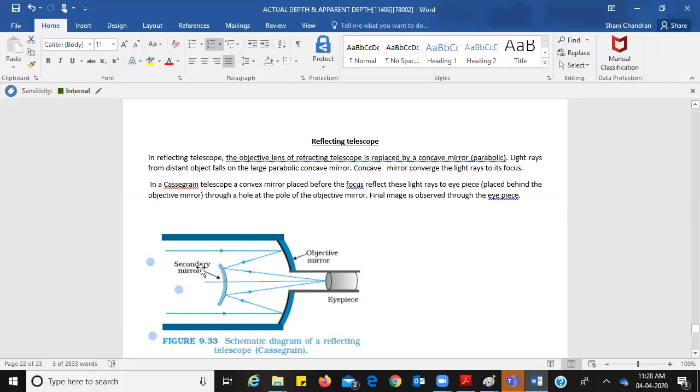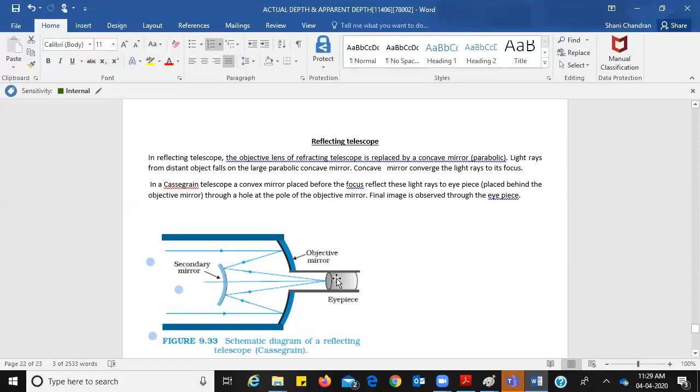So we arrange a small convex mirror almost close to the focus so that all these converging light rays approaching the focus can be reflected back to a point behind the objective mirror through the hole at the pole. This is a small hole at the pole, and you can see by keeping the eyepiece here. So it won't obstruct the light rays much.